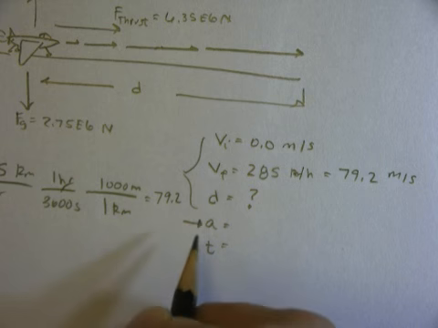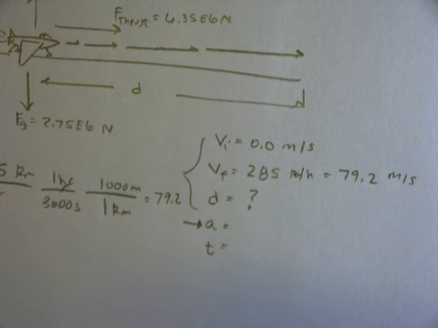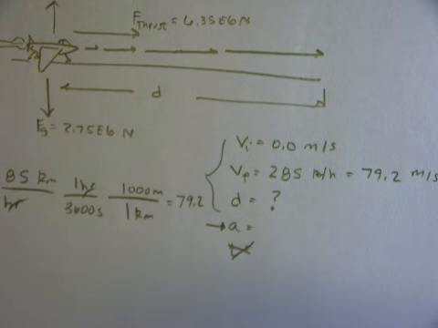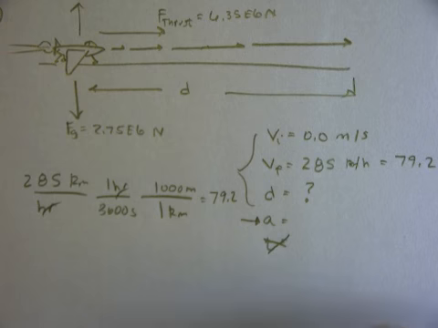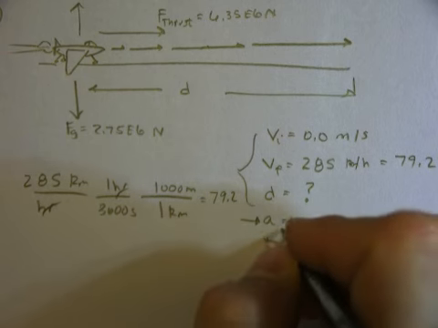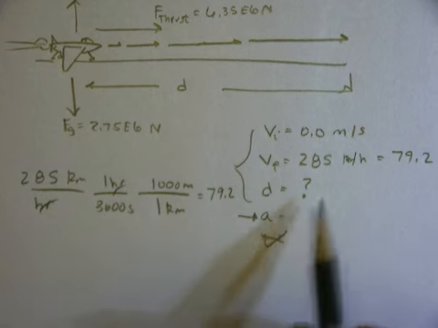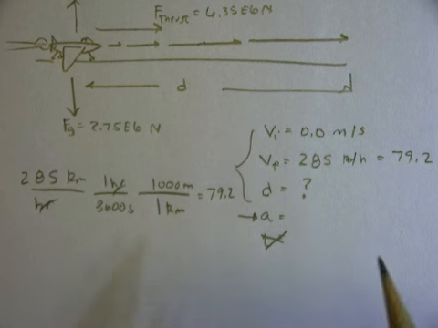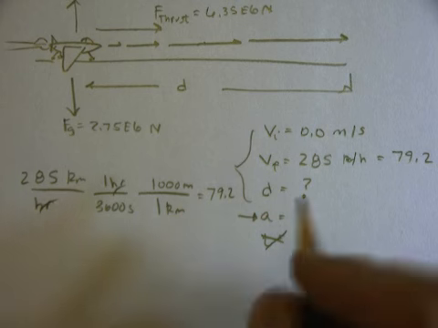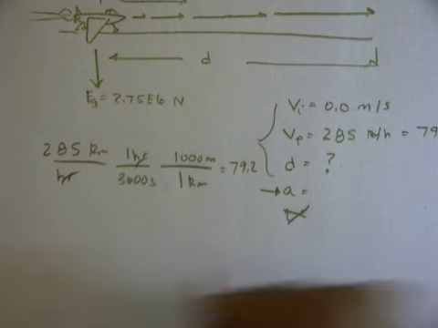You're going to go with acceleration because you're going to use F equals ma, because they give you force, they give you the mass of the thing. So we're actually not going to care about time. Our goal is to find the acceleration. Once we find the acceleration, we can run it through one of our equations, the one that doesn't involve time, and that's going to give us our distance. So let's see if we can figure out the acceleration.